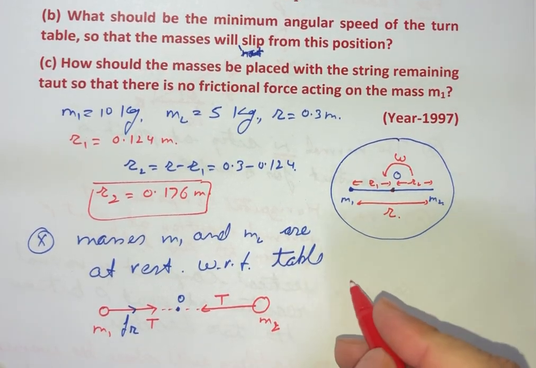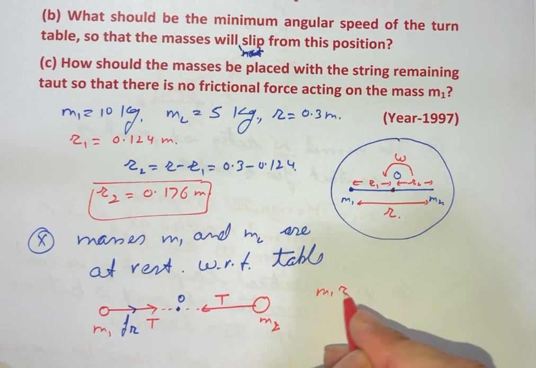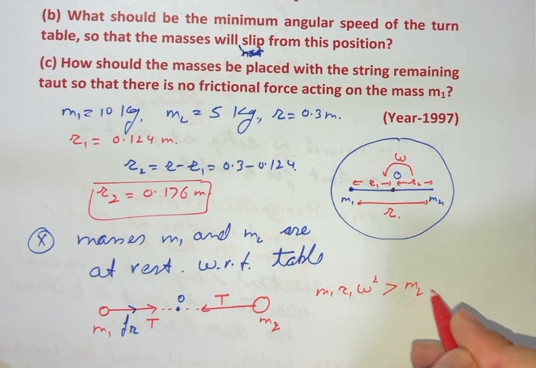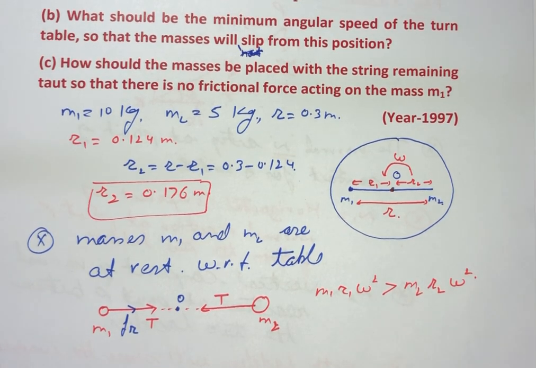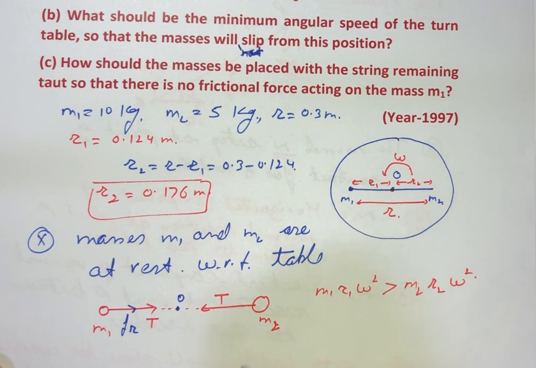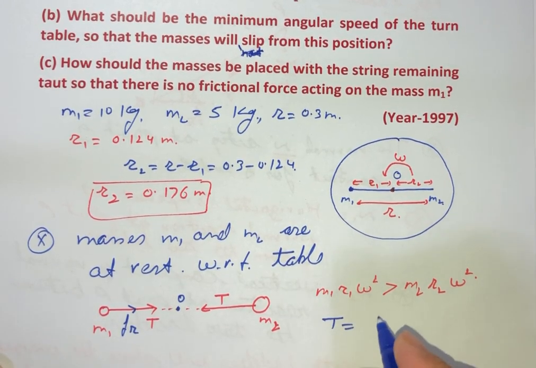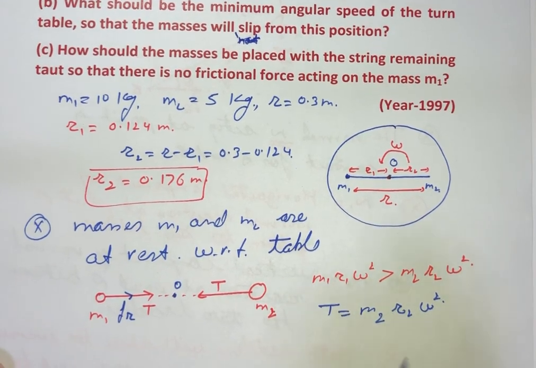So we can say that m1 r1 omega square is greater than m2 r2 omega square, and tension T is given as m2 r2 omega square for block m2.